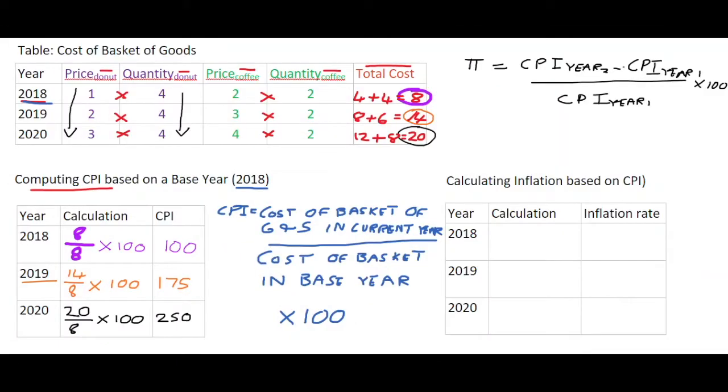Okay, so let's take 2 successive years then. The calculation will be between 2018 and 2019 for our CPI figures. Okay, so CPI in 2018 is 100, and CPI in year 2, the current year, is 175.